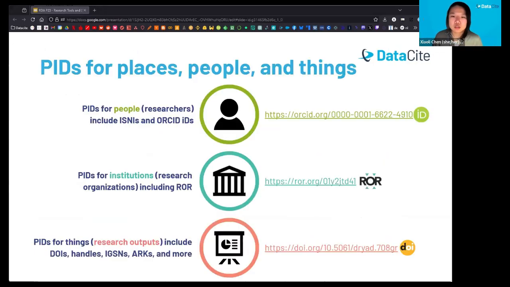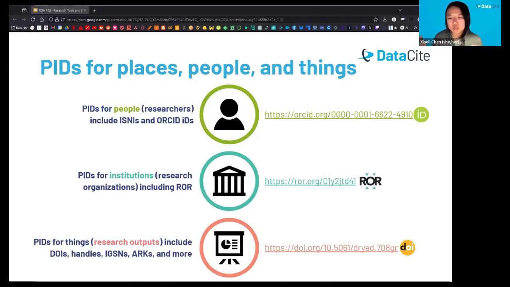DOIs, whether from DataCite or Crossref, which we're familiar with, are part of a wider persistent identifier network. There are also PIDs for researchers, formerly mostly ISNIs and now mostly ORCID IDs, and for institutions and organizations like ROR.